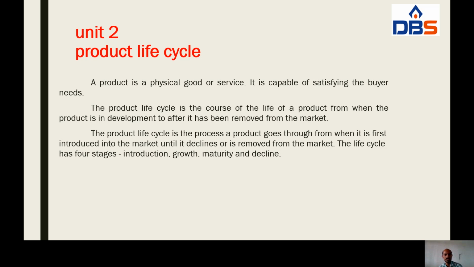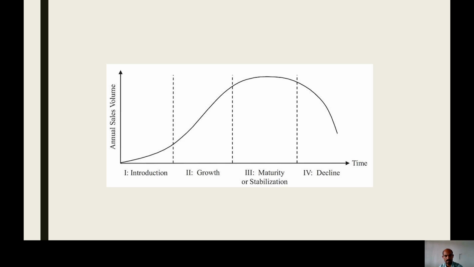And then comes the maturity stage. In this stage, sales are constant. See here on the product life cycle graph, in the maturity stage sales are constant. It means customers tend to make low purchases.